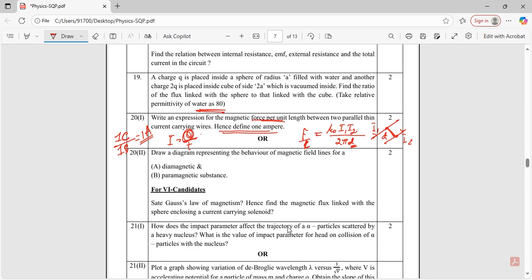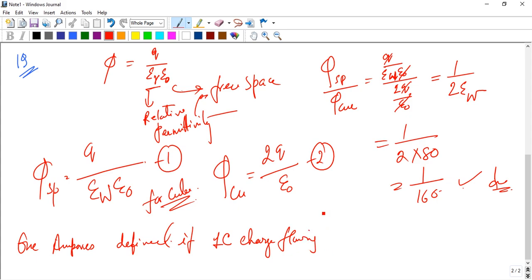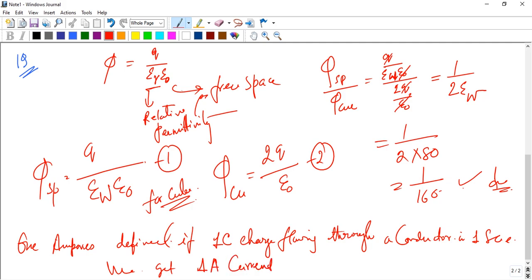So 1 ampere is defined as follows: if 1 coulomb of charge flows through a conductor in 1 second, we get 1 ampere of current passing through the conductor.